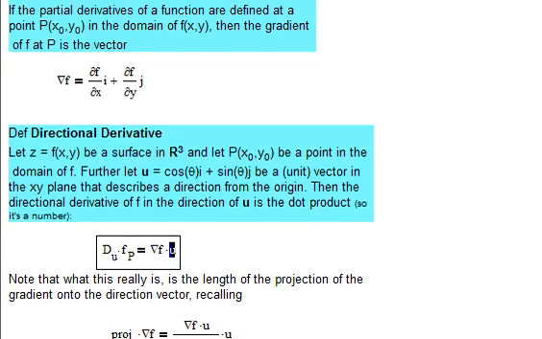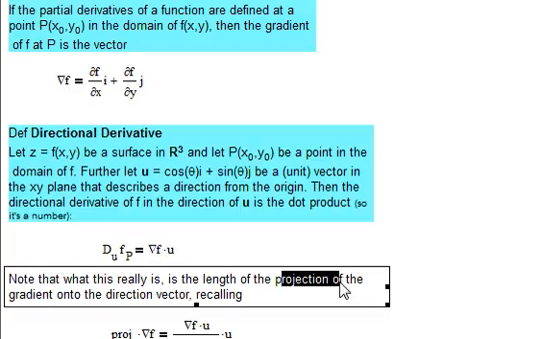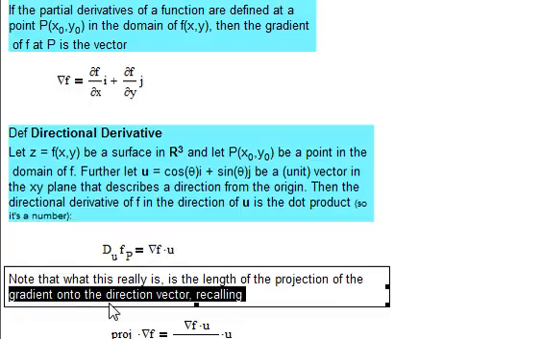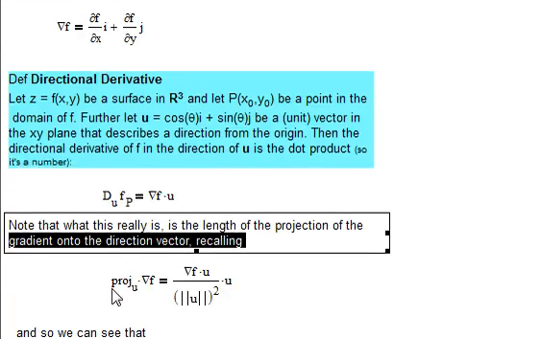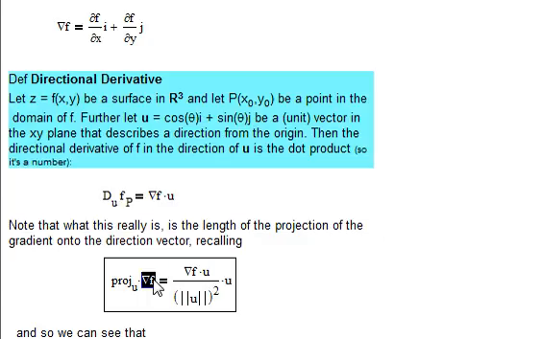Think about what it really is. It's the length of the projection of the gradient vector onto the direction vector. Recalling that the projection of del f onto u would be del f dot u over the length of u squared, times, that's a times, not a dot there, times u. So this is just a scalar multiple of u.